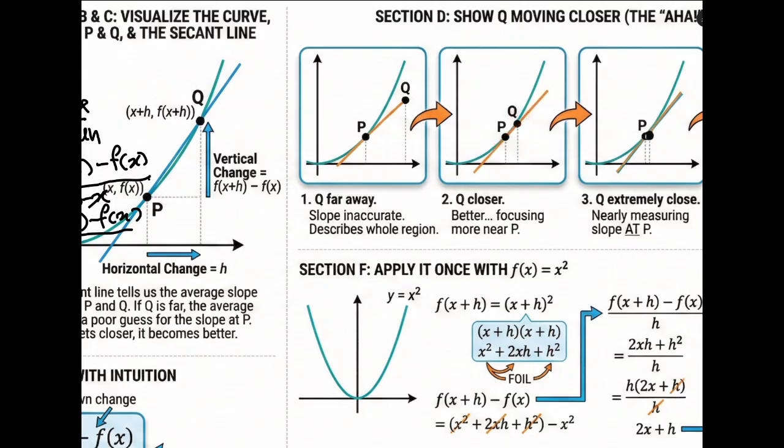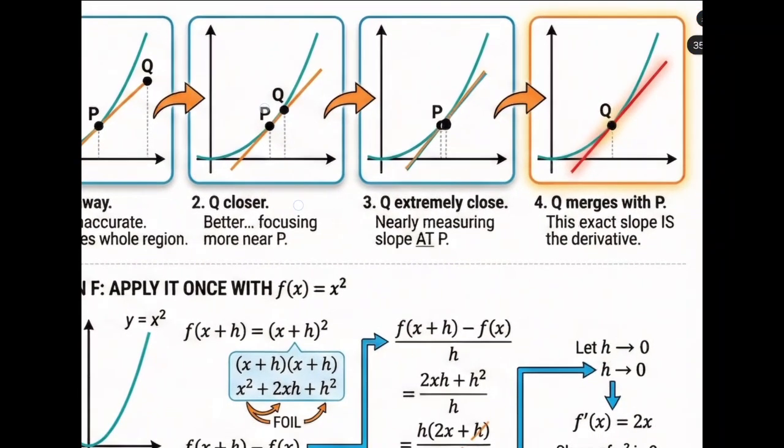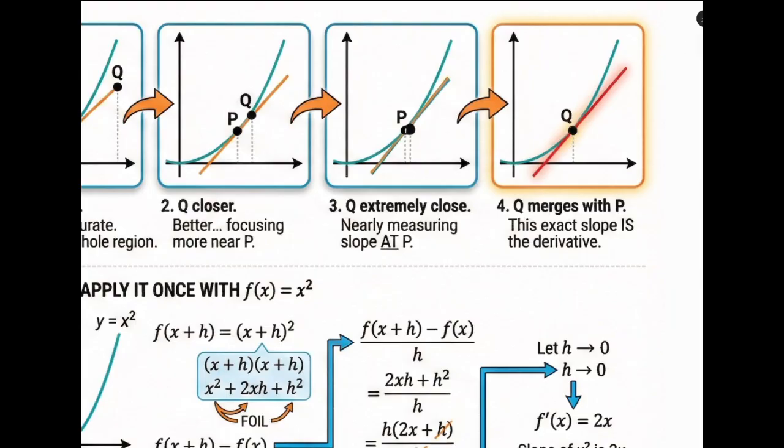The slope becomes closer and closer to representing the slope at P, but still not enough. So we still need to make it extremely close. When it becomes extremely close, we can say we nearly measure the true slope of P.